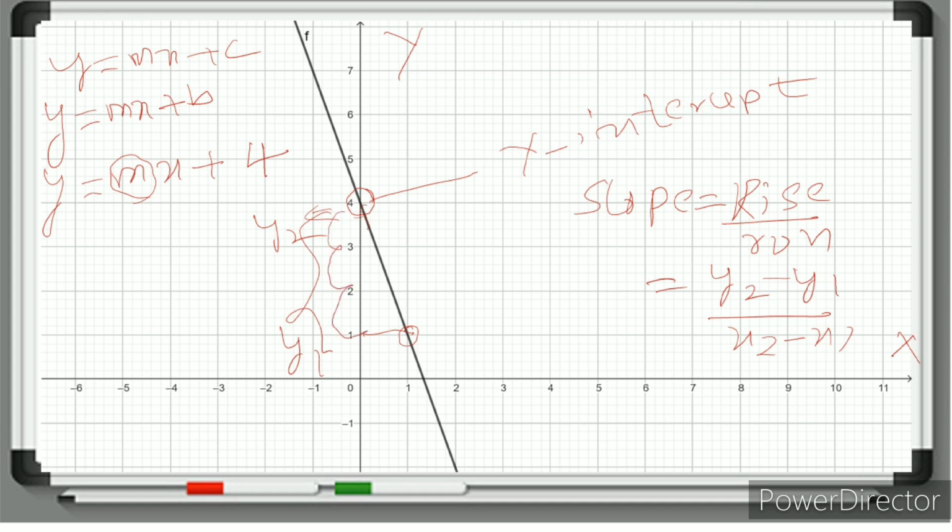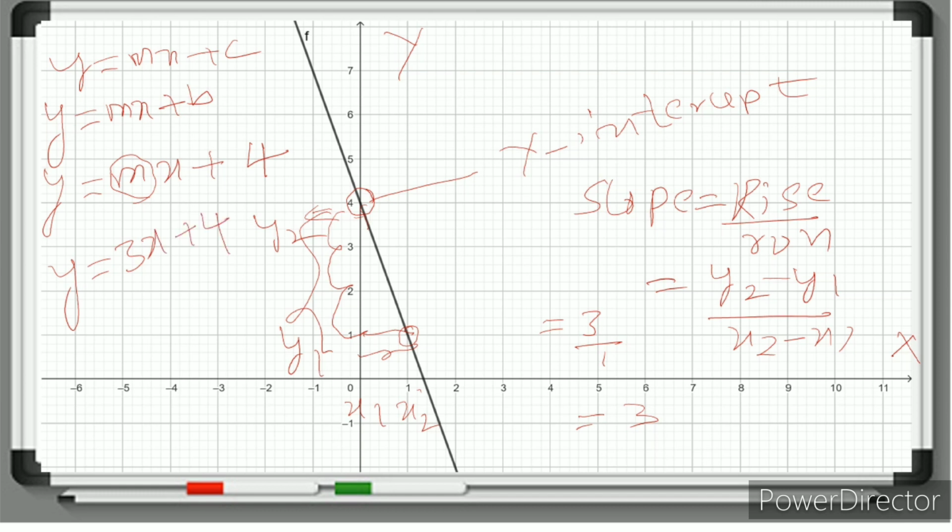That is 4 minus 1, that is 3. And run is this distance, boys. 1 minus 0. Here x2 is 1 and x1 is 0. So 3 over 1, that is 3. So I got the equation of this line as the linear equation y is equal to 3x plus 4.